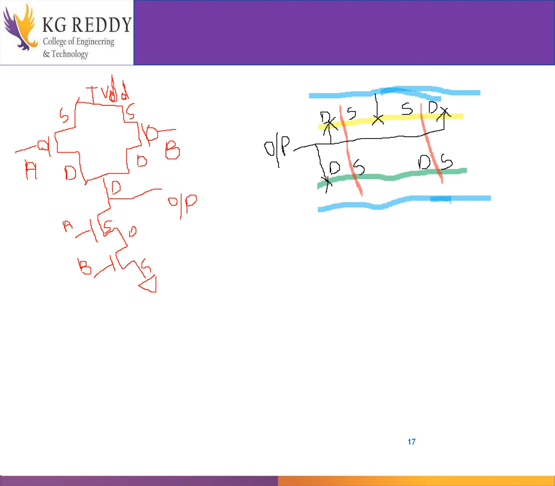Now coming to the pull down network, here first B. Okay, this we are assuming it as A, and this we are assuming it as B. So now for B input, for the transistor, as we are giving a B input for that source, this is now shorted to the ground.